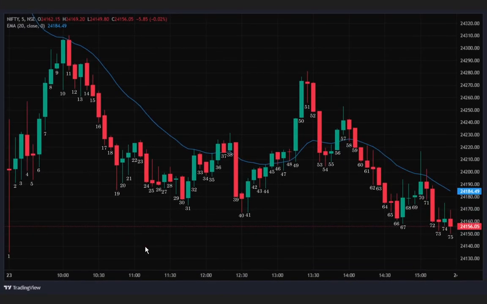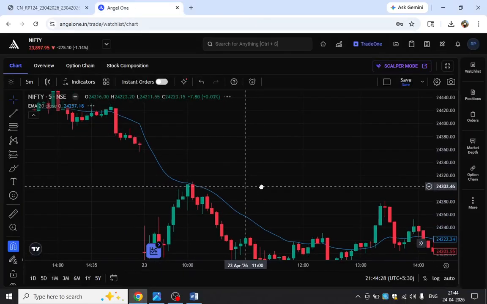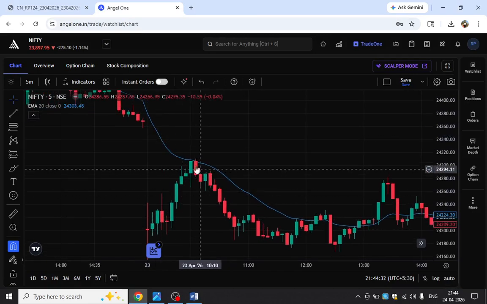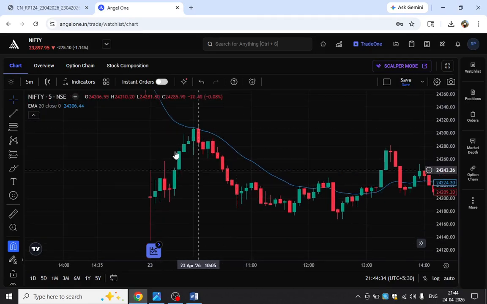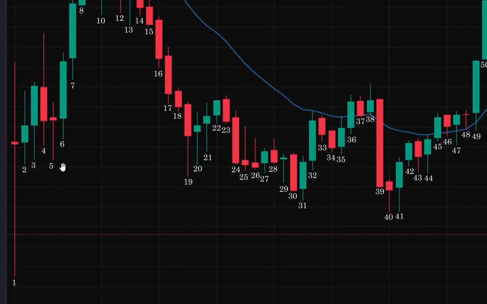As you can see, there was a gap down movement. The market on this day, the 23rd, gap down opened, and most of the time it tries to reverse. So as you can see, this is bar 1.